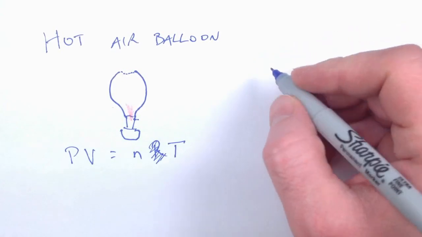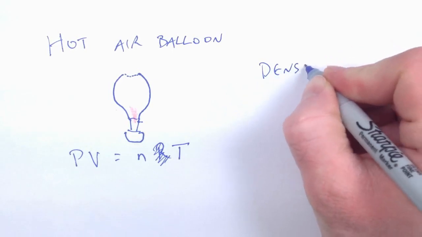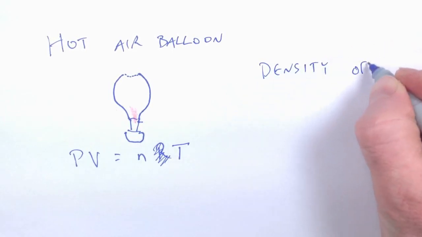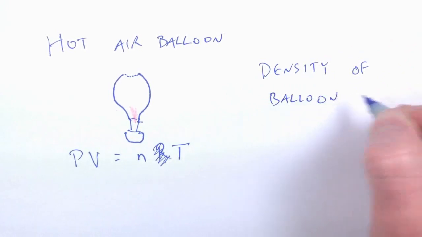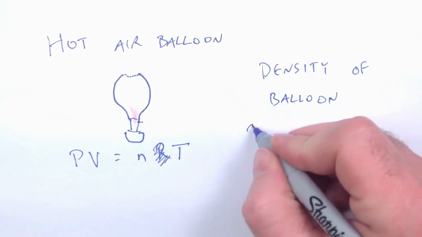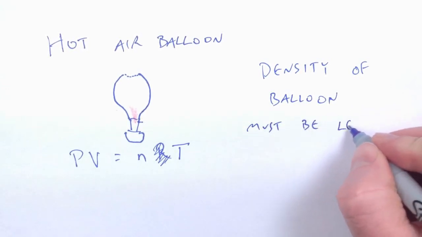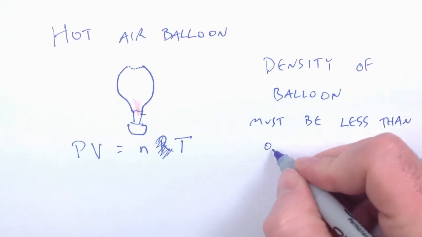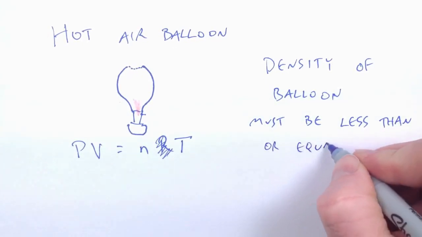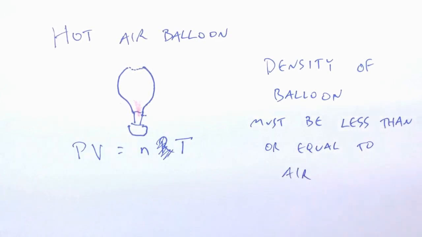Okay, so how does this thing float? Well, how does anything float? In order for this balloon to float, the density of the balloon must be less than or equal to the density of the air around it.